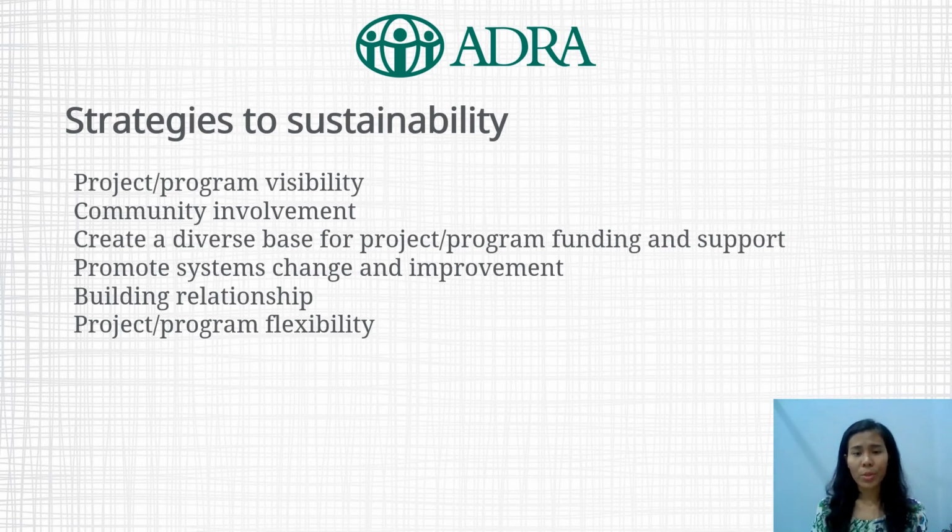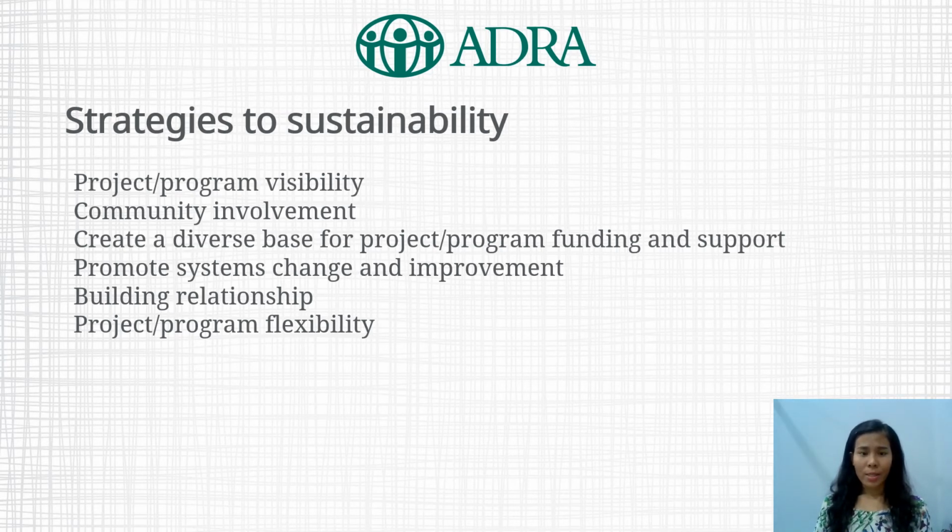So make sure that people understand how the current system works and why change and improvement is needed, and propose realistic changes and the benefits of change. And building relationships through good communication, trust, and commitment.